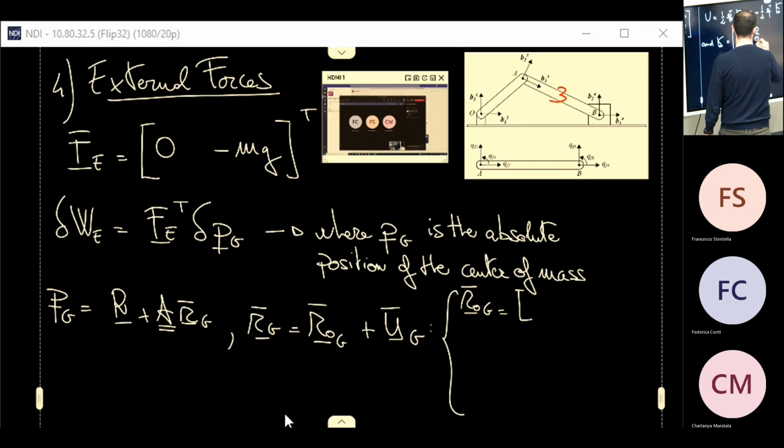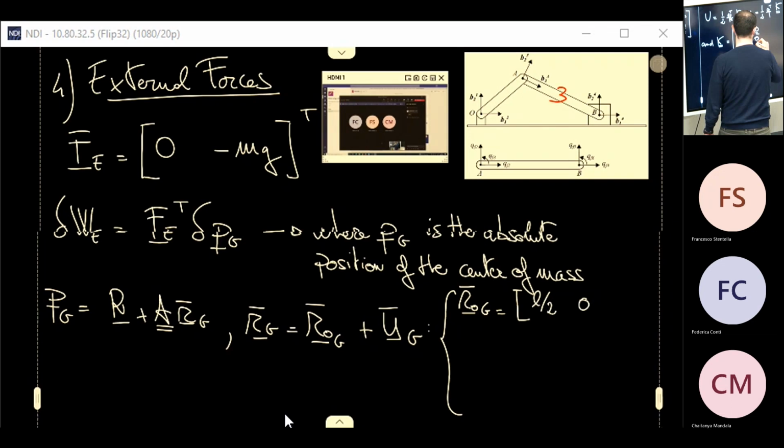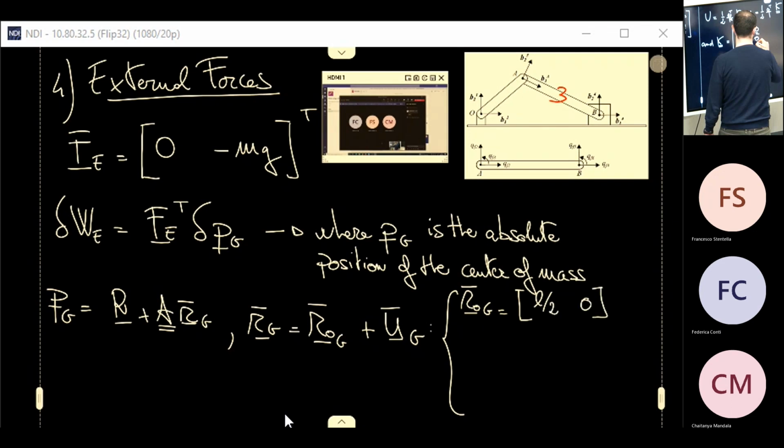So here I should have R divided by 2 and 0. Okay? While on the other hand, UG is the shape matrix estimated at xi equal to 0.5 times QF.